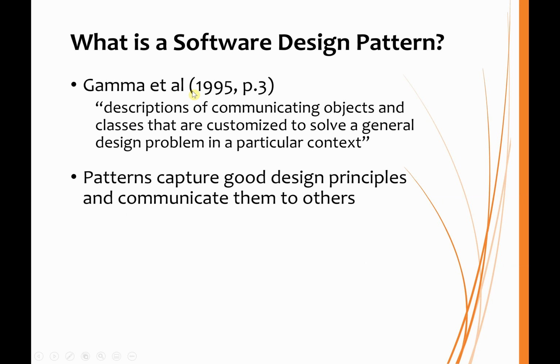In a seminal work on the subject, Gamma et al., back in 1995, described software design patterns as descriptions of communicating objects and classes that are customized to solve a general design problem in a particular context. This summarizes very nicely the situation of having problems that recur in many situations, many contexts, that have a general solution which is then customized to a particular application.